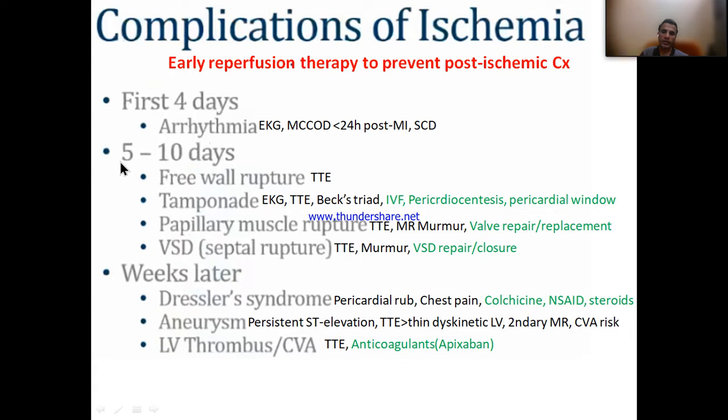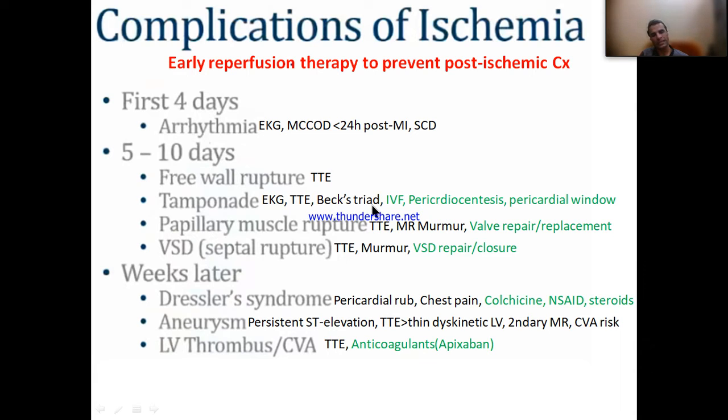And in 3 to 10 days, there is increased risk of free wall rupture of the left ventricle. So for that, you have to do transthoracic echocardiography, and tamponade can happen during 3 to 10 days, and obviously you will do EKG for that, and transthoracic echocardiography, and there will be Beck's triad in case of tamponade.